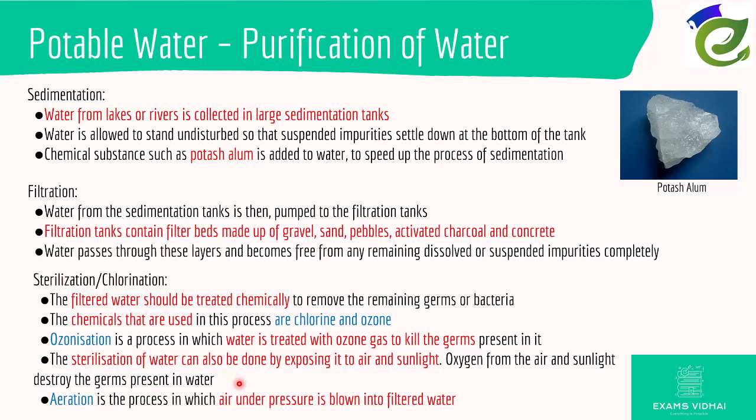What sunlight does is kill these germs with really high temperatures and radiation from the sun. Aeration is the process where air is pumped into the water to kill the germs and bacteria. This is more or less the same as ozonization, because ozone is also a form of gas.